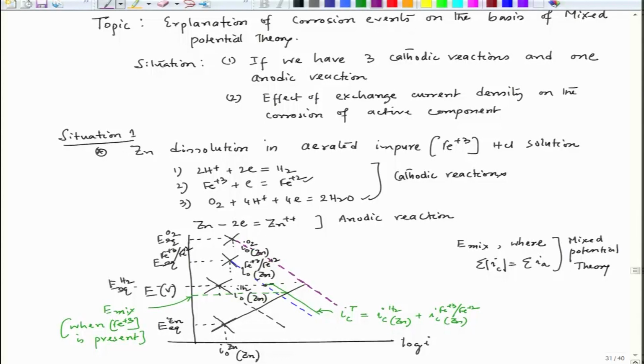Now, when this cathodic oxygen reaction is polarizing, at this potential it will experience another cathodic reaction, which is this one. So, we have to add it. If we add that, we keep going down parallel to the purple line.